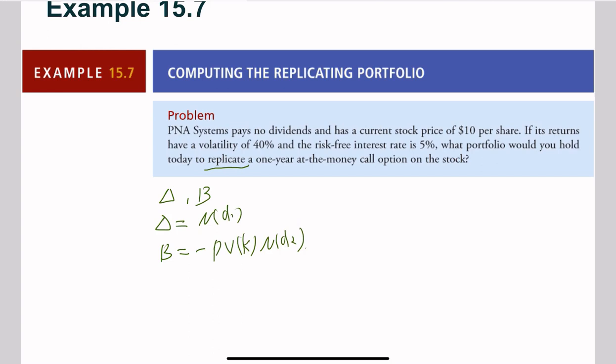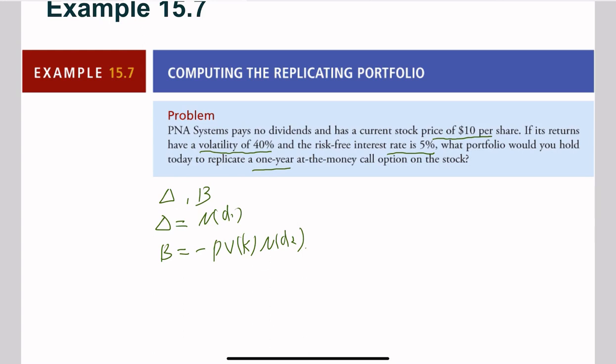We need 5 inputs, right? We need current stock price, that's the first input. And then we need volatility, the second input. And then we need RF, risk-free rate, that's the third. And then we also need time, that is 1 year.